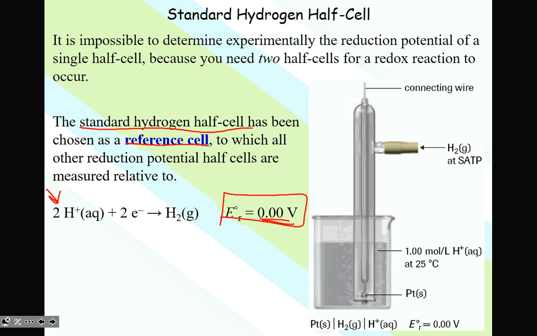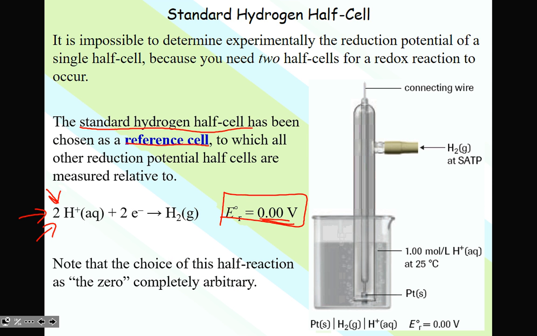Hydrogen is the half reaction that we're going to be taking a look at. Note that the choice of this half reaction having a voltage of 0 is completely arbitrary. What that means is that it was just decided. It isn't the case that all of the data collected told us that it was 0.